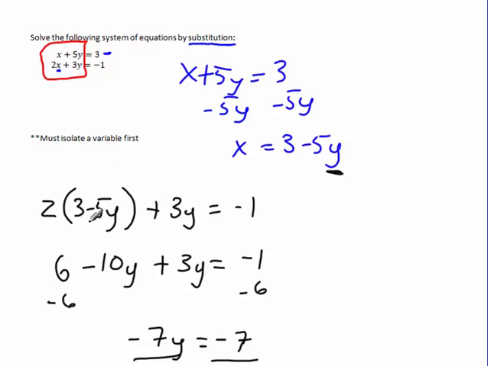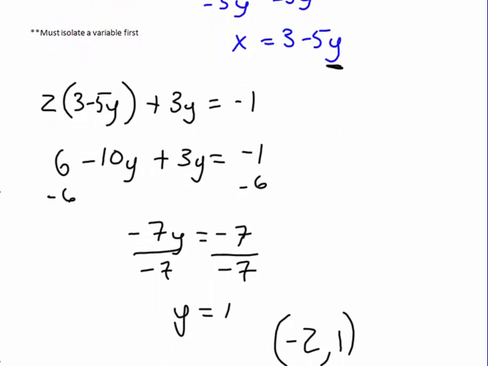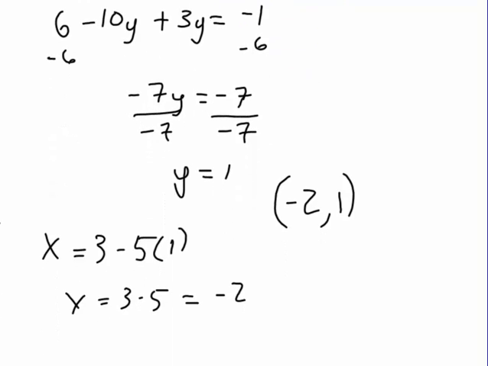So I have 2 times (3 minus 5y). Basically, I wanted to get one equation with one variable. And that's good, because now I was able to solve for y, and then I could plug y back in to what I had solved for x. I plugged my y back in here, and I could get my x value out. So I have x comma y, which is negative 2, 1.